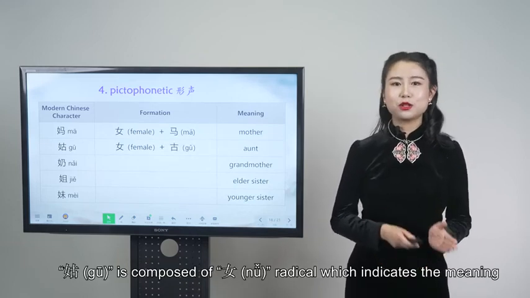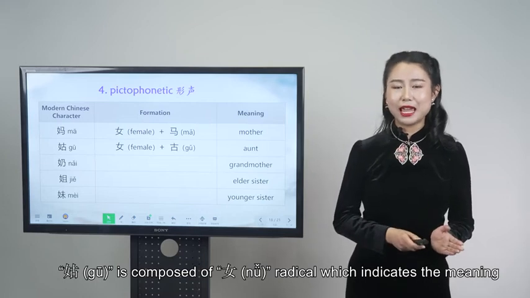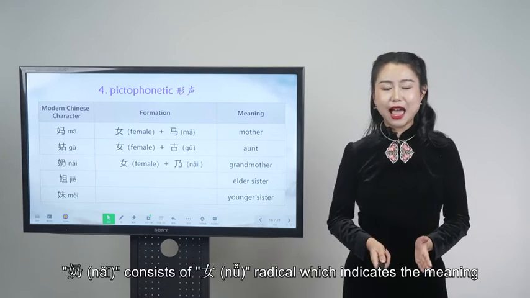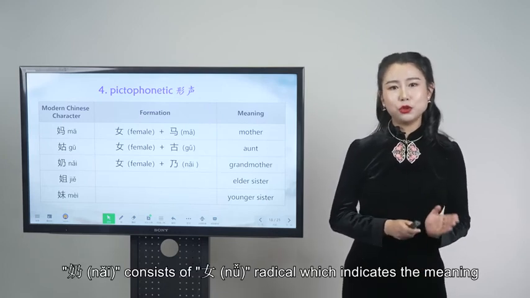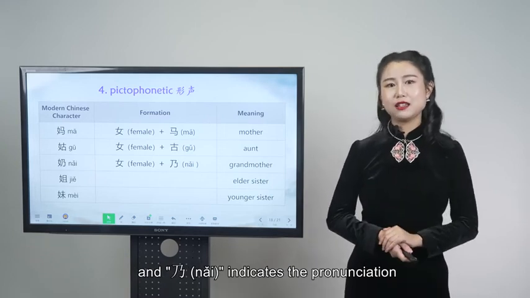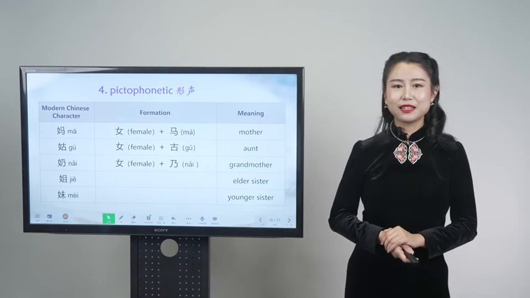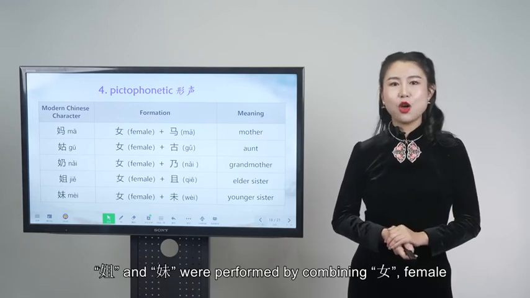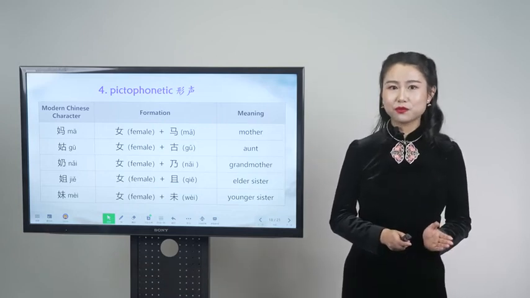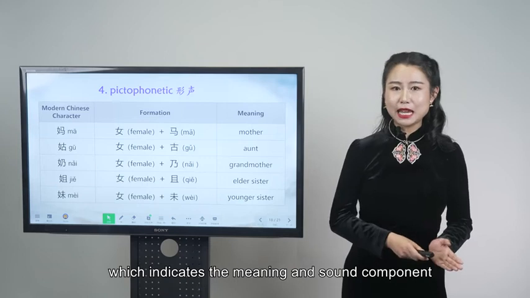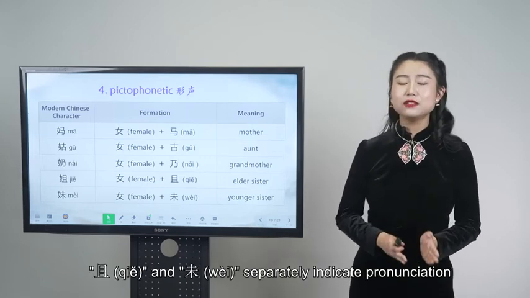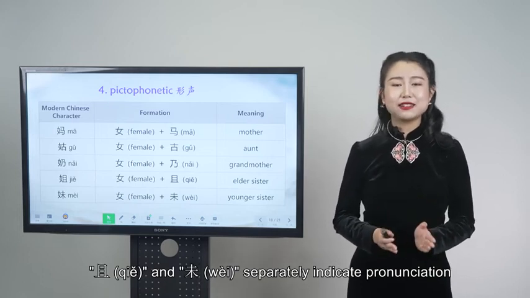Gu is composed of 女 radical, which indicates the meaning, and 古 indicates pronunciation. Nai consists of 女 radical, which indicates the meaning, and 乃 indicates pronunciation. 姐妹 were formed by combining 女, female, which indicates the meaning, and the sound components 且 and 未 separately indicate pronunciation.